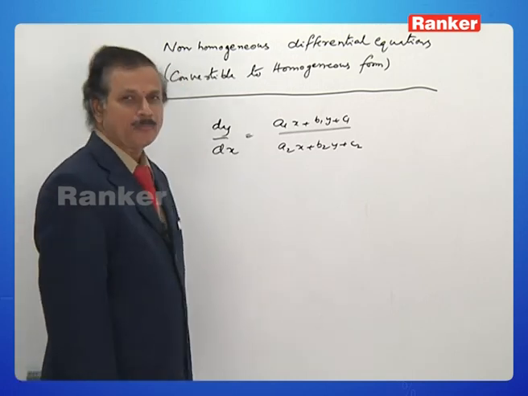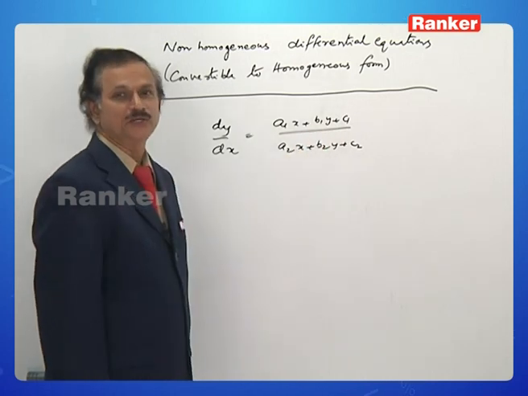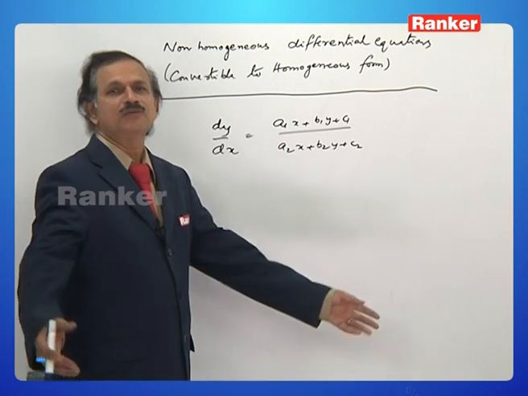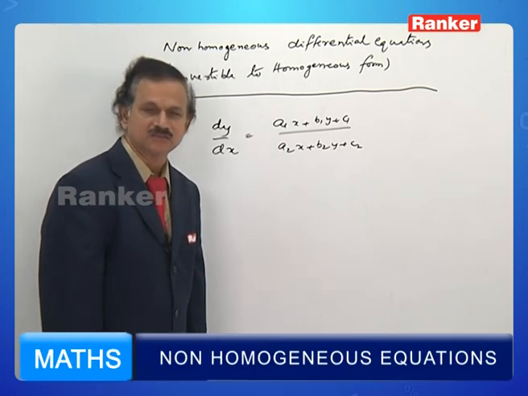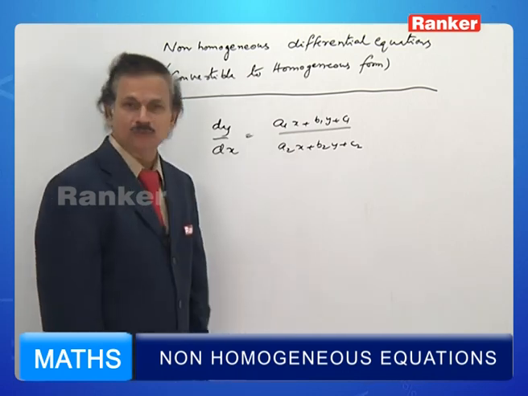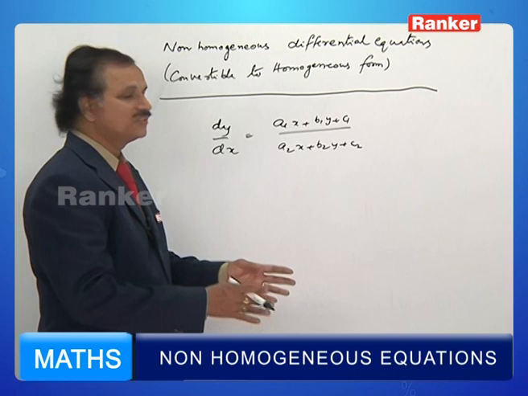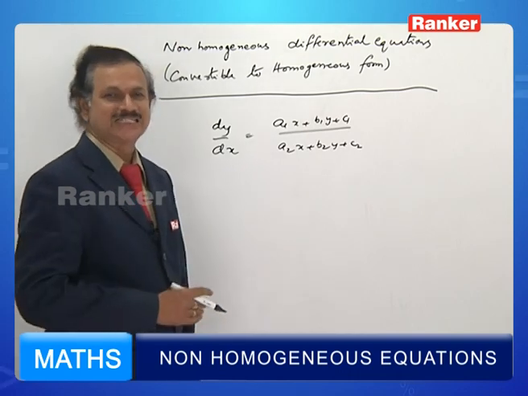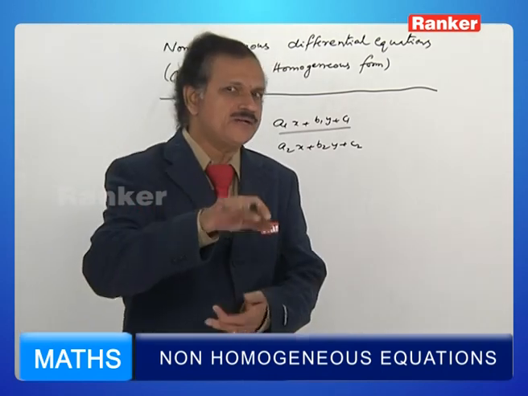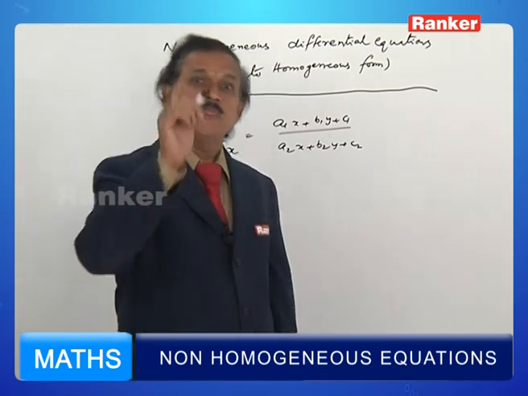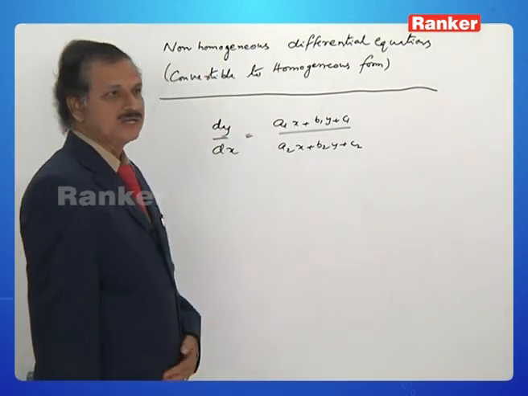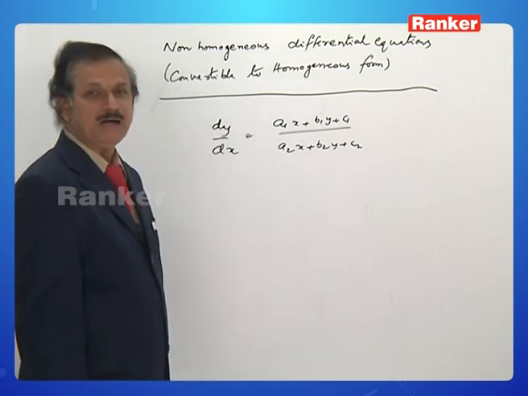Simply because of the presence of c1 and c2, both numerator and denominator are not going to be homogeneous. Yes, if you omit c1, c2, or if you choose the origin suitably such that the constants might be eliminated, then it can be converted to homogeneous form. That is why even in the heading itself, we could have taken convertible to homogeneous form.